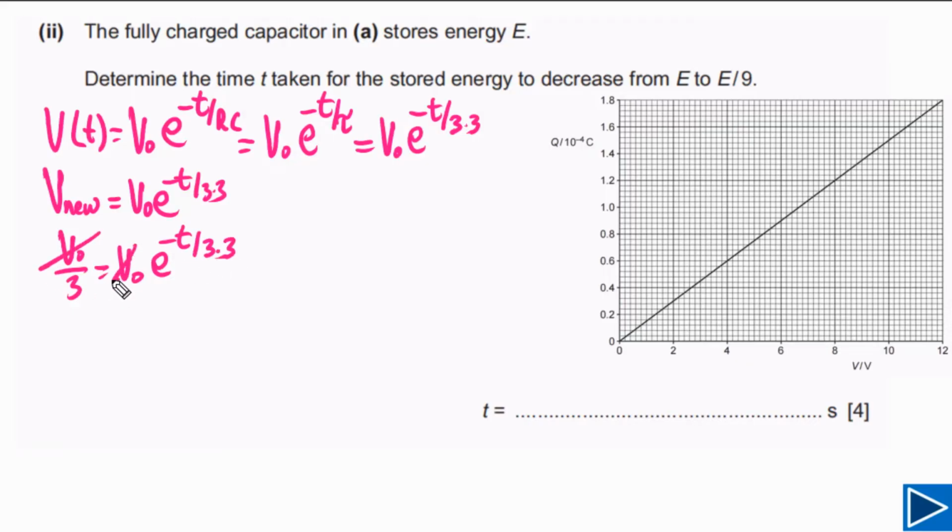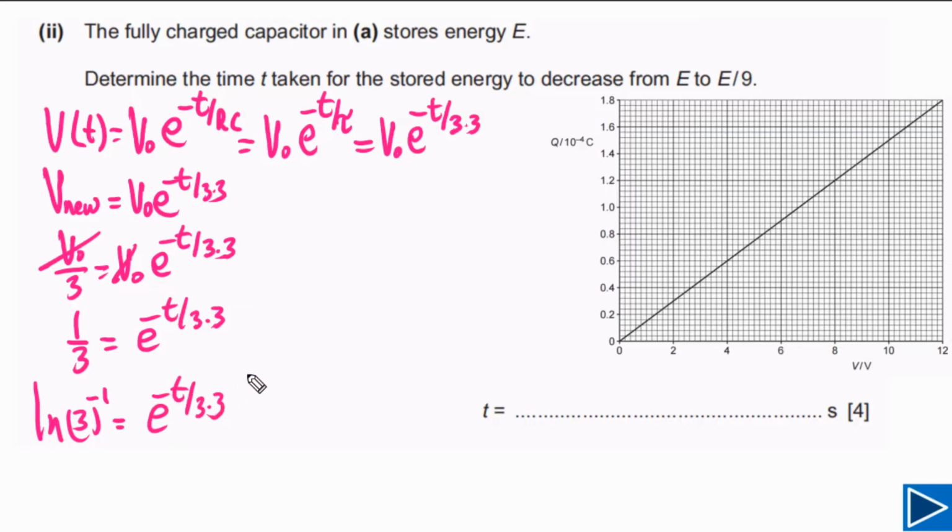So V naught we can cancel, we are simply left with 1 over 3. This is equal to e to the power of negative T over 3.3. If we take natural log on both sides, we can say this is 3 to the power of negative 1, e to the power of negative T over 3.3. Now if we simplify this log, the negative comes in front of the log, so this is negative ln of 3, equal to negative T over 3.3, because ln of e is 1.